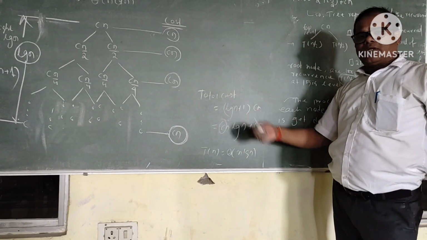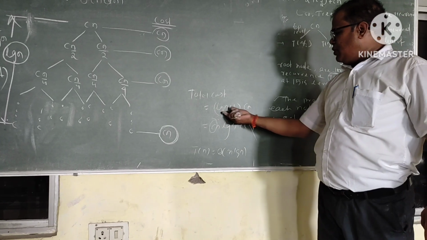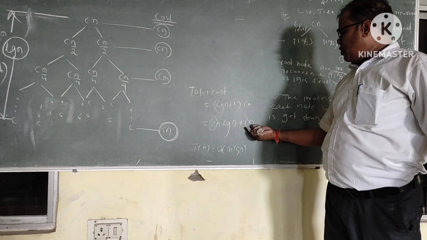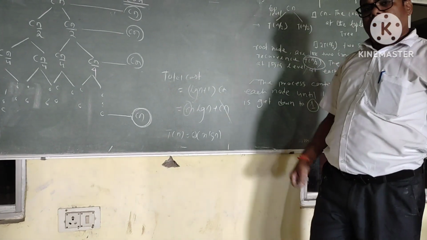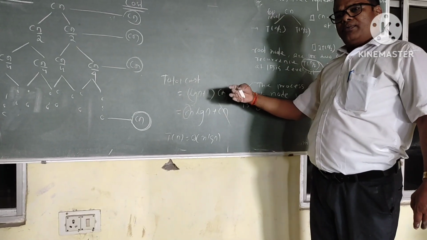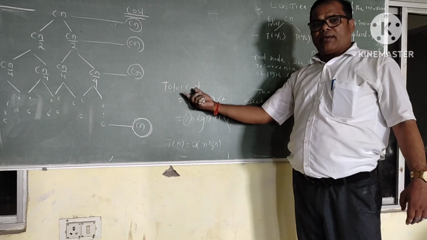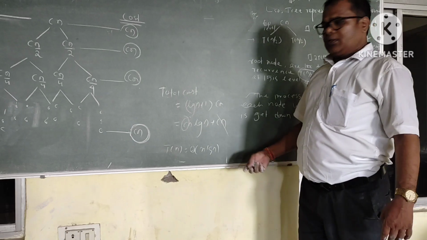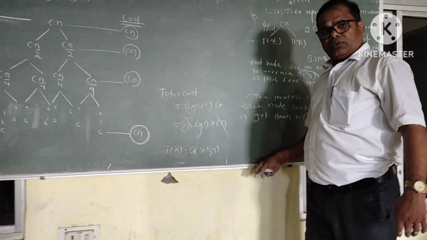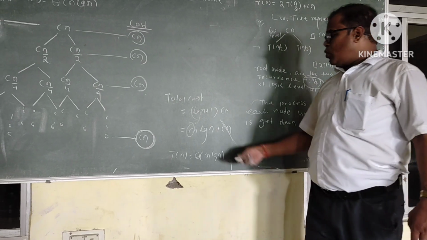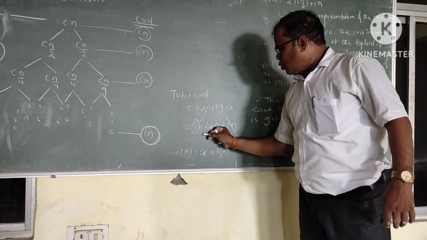Now we expand this term. Multiplying Cn with log n gives Cn log n, and 1 with Cn gives plus Cn. What we understand from this equation, since this is the abstract level of the time, is that again we have to eliminate the lower order terms and the coefficient of the leading term.